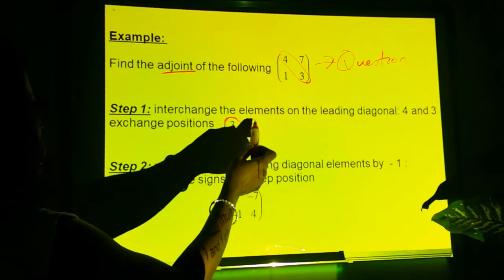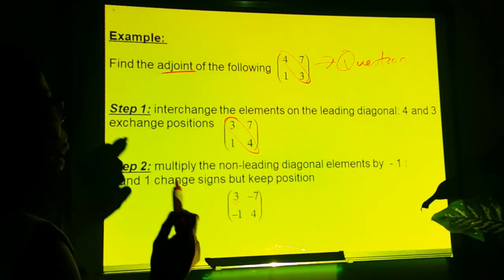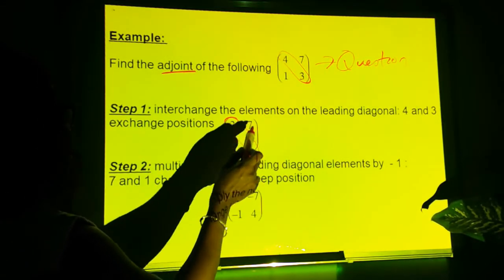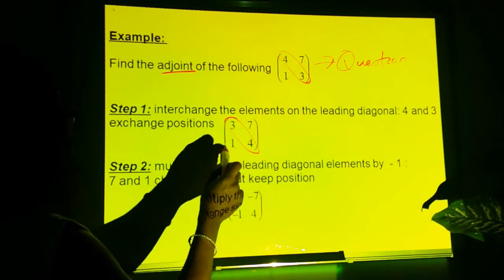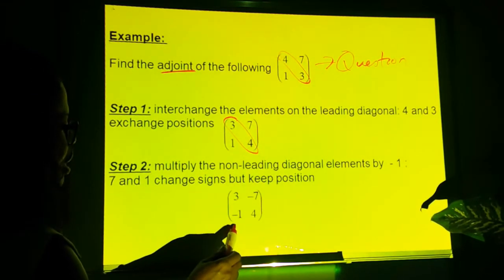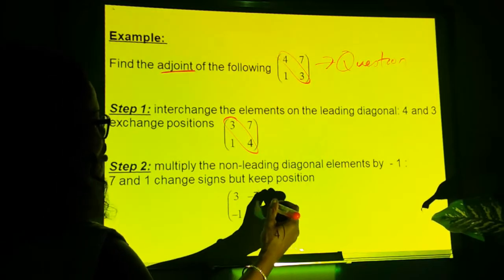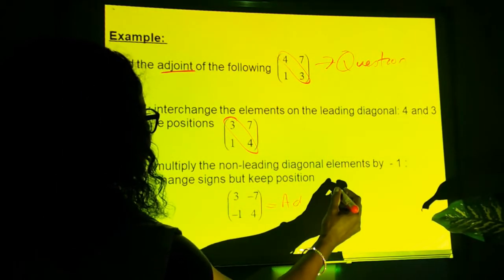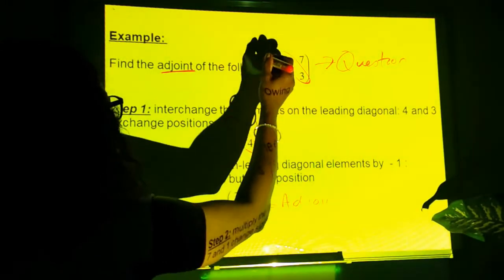So this 7 and this 1 are being multiplied by -1. But notice, they still keep the position. We don't switch them. They keep the position, but they just change the sign. So this is the final answer for the adjoint. And let's give it a letter, because we use capital letters to name it.